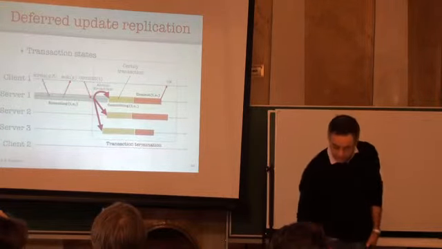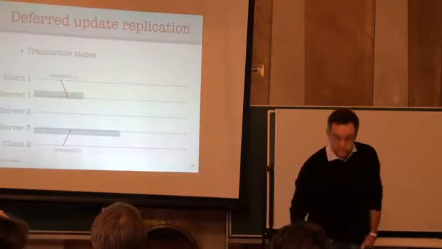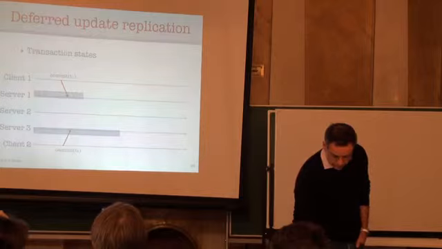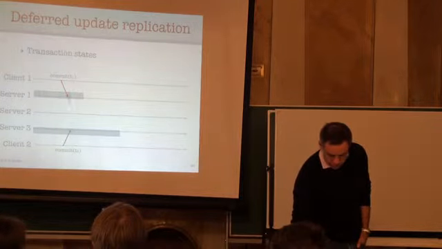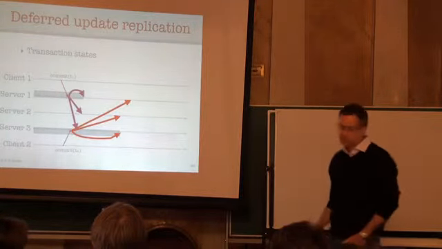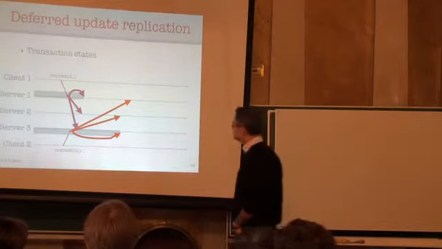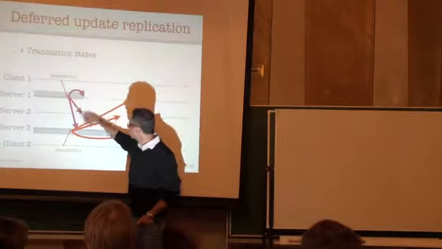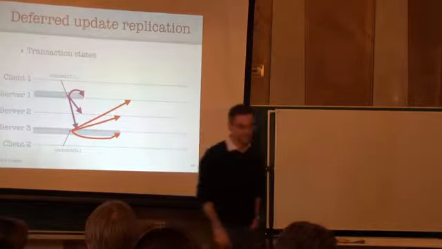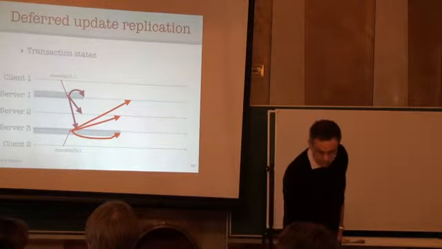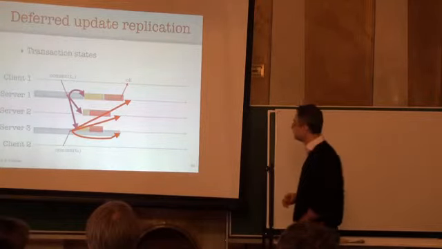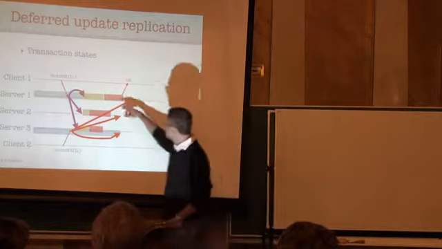There is only one transaction. Let's add two transactions here and let's see what happens. The clients chose different servers. They request the commit of the transactions T1 and T2, which are broadcast. Let's assume that transaction T1 is delivered before transaction T2. Whenever it is delivered, it enters the committing state at the servers.